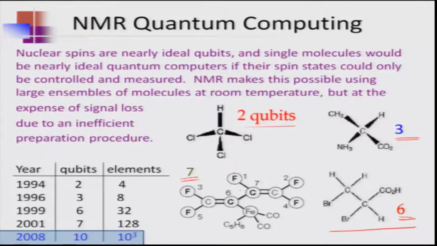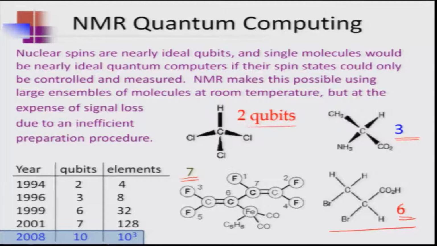The fluorine and the carbon spins are being utilized in this particular case. So, 1, 2, 3, 4, 5, these are the fluorines, and then 6 and 7 are the 2 carbons. So, these form the 7 qubits of this particular molecule.